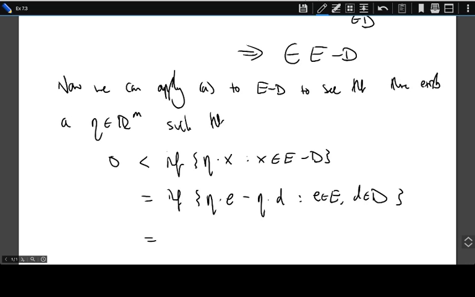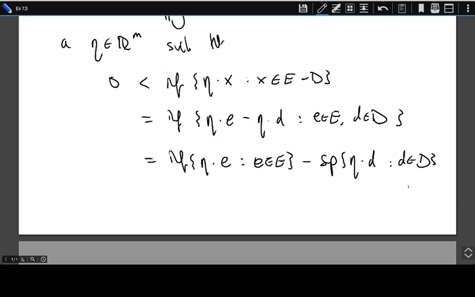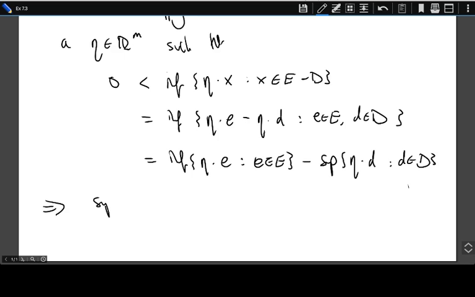And since we're taking a difference here and the infimum over all possibilities for E in E and D in D, this infimum is just equal to the infimum of eta product E minus the supremum, the largest possible, of eta product D. This whole thing is greater than 0, and we therefore get what we wanted, which is that the supremum, whoops, that should be a D, of eta product D is strictly less than the infimum of eta product E.